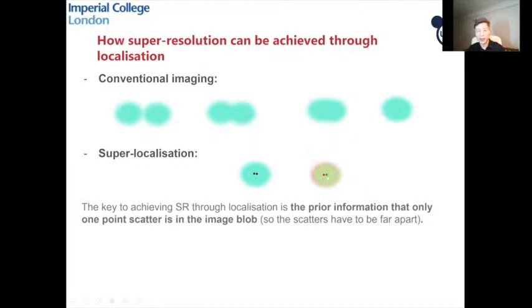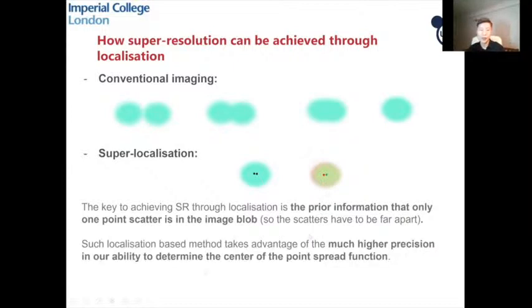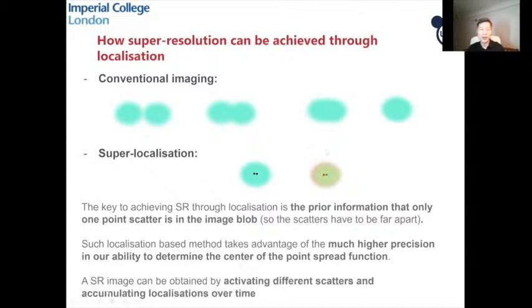And the second time, the first one is switched off, and the second one is switched on. So such a localization-based method takes advantage of the much higher precision in our ability to determine the center of the point spread function. Okay, so a super-resolution image can be obtained by activating different scatterers and then accumulating the localization over time.